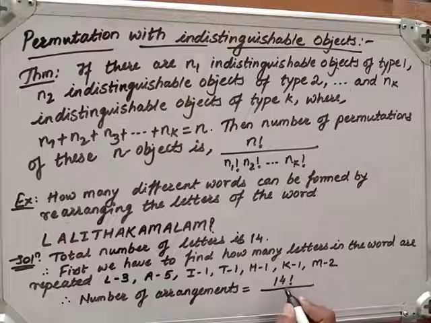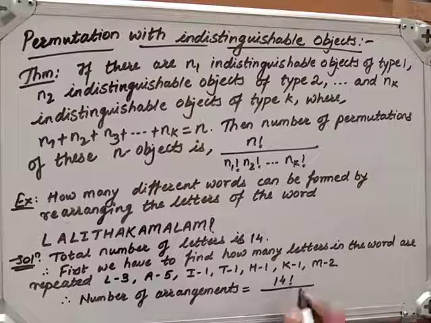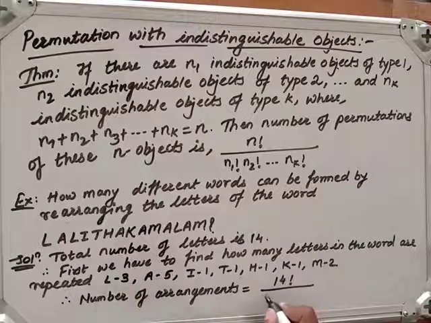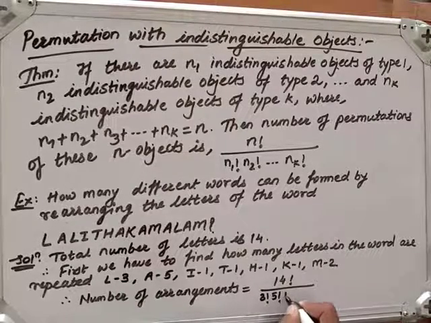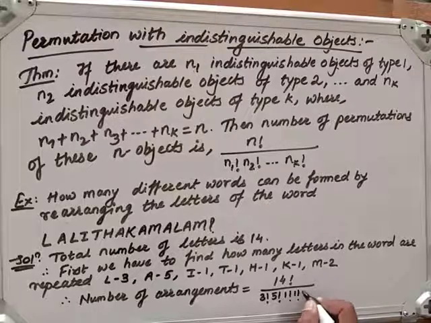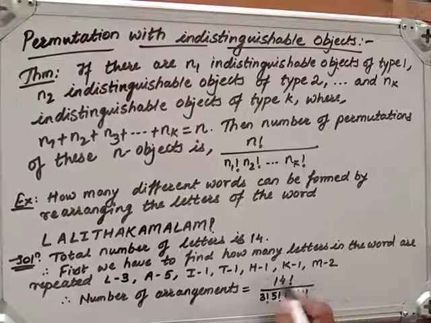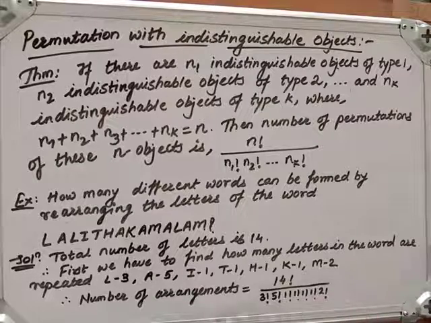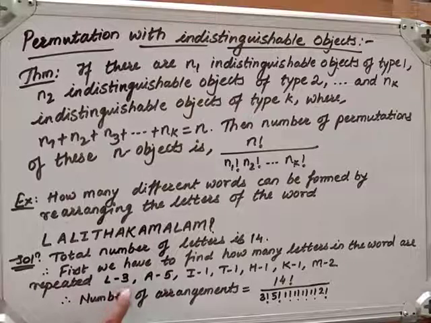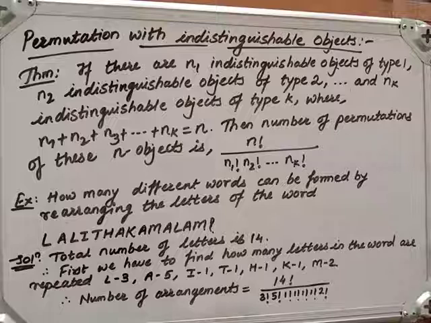Otherwise it is not. So 14 factorial upon 3 factorial into 5 factorial into 1 factorial into 1 factorial into 1 factorial into 1 factorial into 2 factorial. This is the solution. Here we cannot separate which L is which. We cannot distinguish that thing.